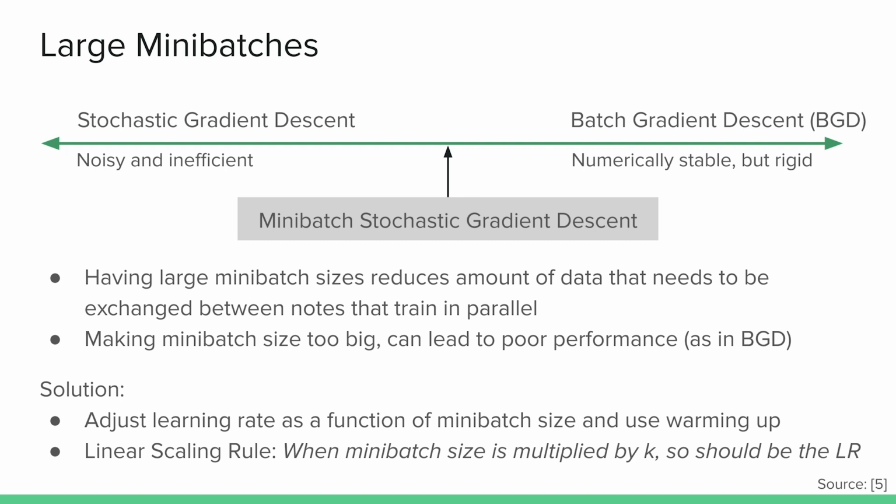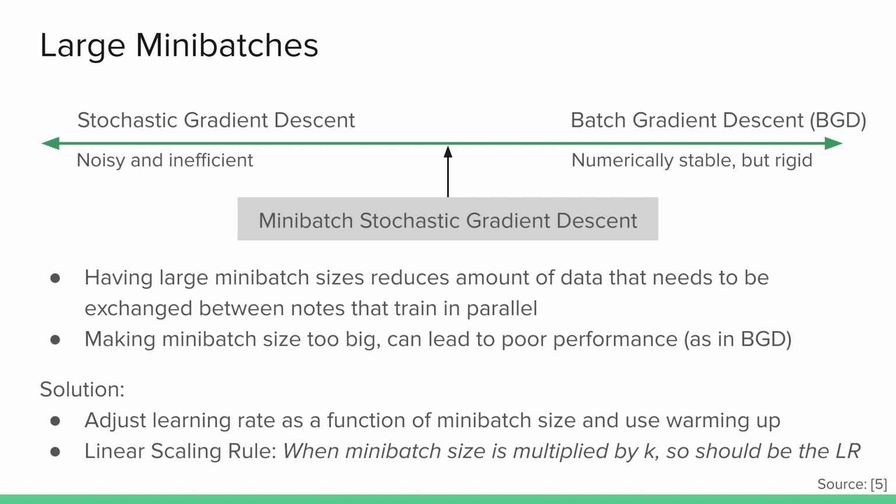Having this is usually beneficial, but be careful that you're not too big, because otherwise you might exhibit poor performance again, either by overloading the memory of your GPU or by having this rigid version of gradient descent, as in batch gradient descent.